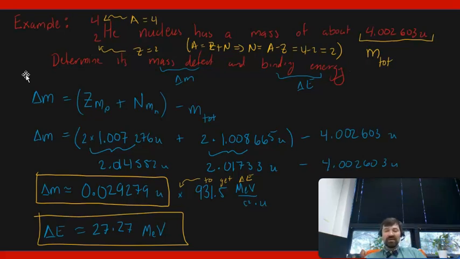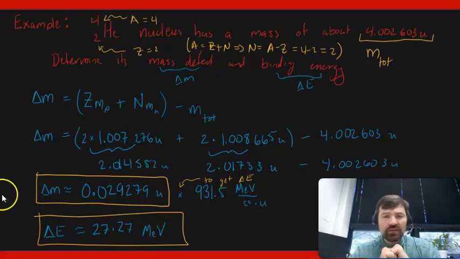So to wrap things up, where should you go to get the total mass of a given nucleon? As a student in an undergrad class, you're pretty much going to look these things up, usually compiled from data that somebody else has taken.